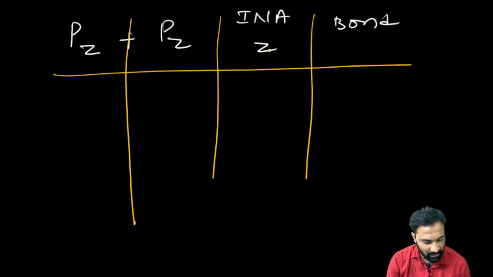Next, pz orbital, internuclear axis z. Which bond? Sigma bond. Good.